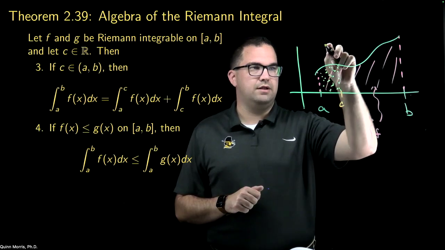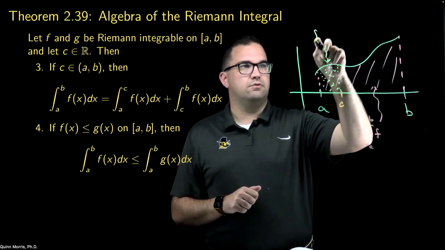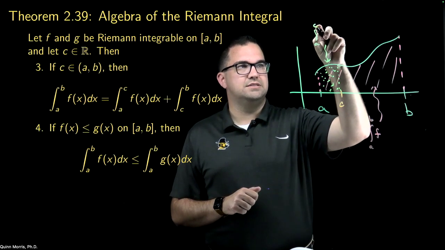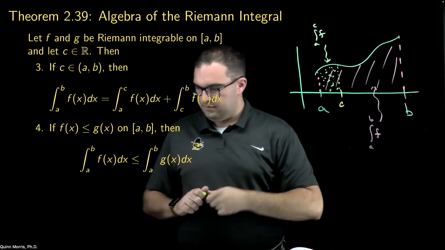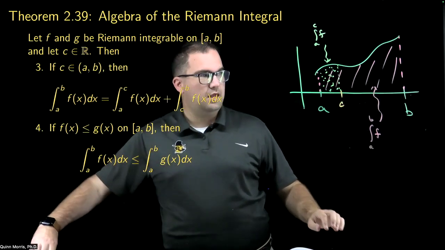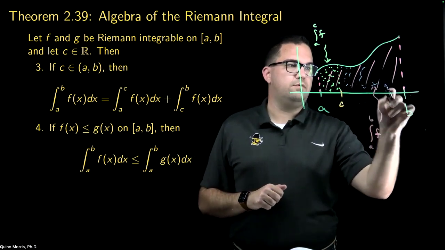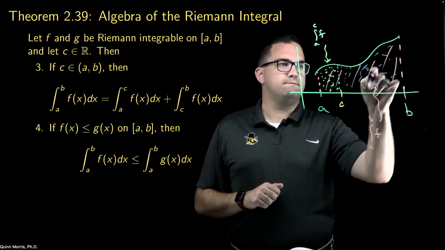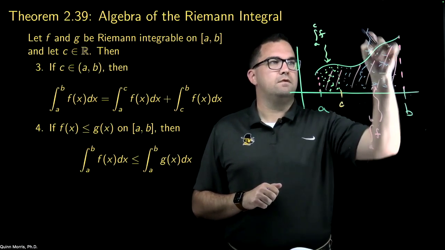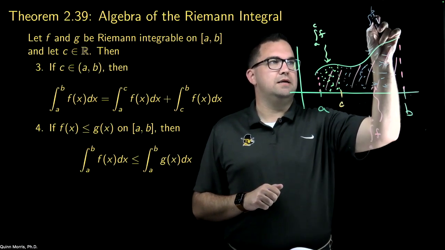So this yellow integral, which is the integral from a to c of f, plus this blue integral, which is the integral from c to b of f.